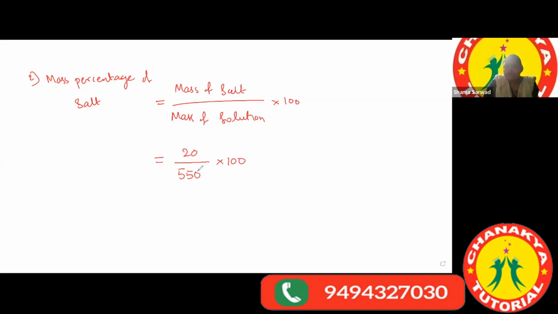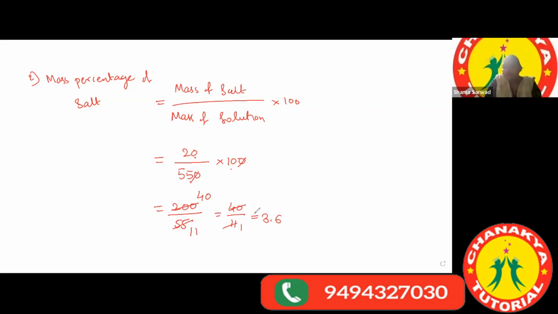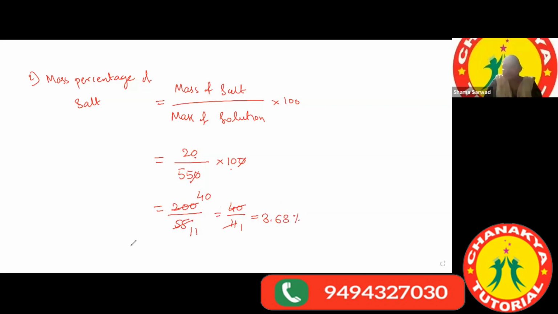So this 0 gets cancelled. This calculation, 20 into 10 is equal to 200 upon 55. Make it simple. 5 ones are 5, 5 ones are 5, 5 fours are 20 and 0. So 40 upon 11. 11 ones are 11, 11 threes are 33. 3.63%. 7 would remain, right? 3.63 percentage.